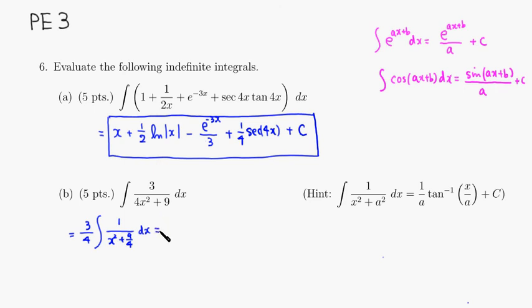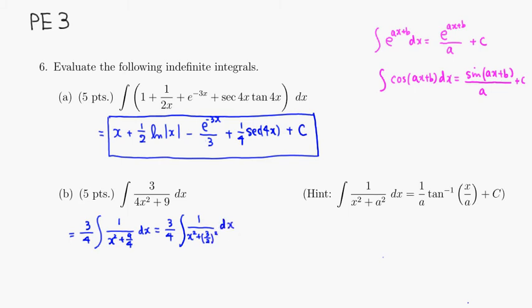To make it look like the hint here, I'm going to keep 3/4 in front, and then write 1 over x squared plus, in this case, 9 over 4, which is the same thing as 3 over 2 squared, dx.